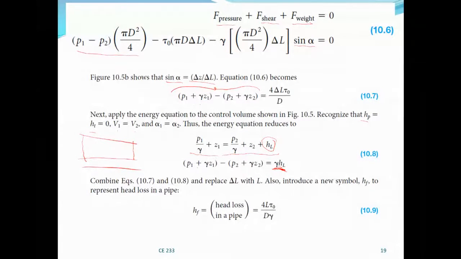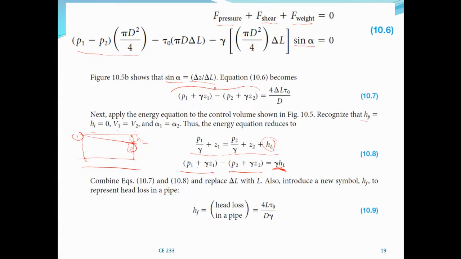Point 1, point 2. The difference is because of the head loss. The head loss is what is responsible for the difference in the piezometric pressure between point 1 and point 2. So this is the piezometric pressure. The difference between the piezometric pressures is responsible for the head loss.